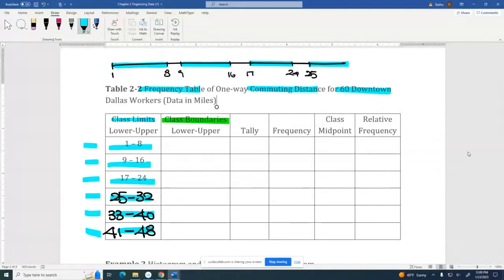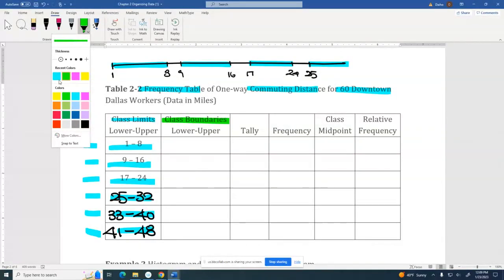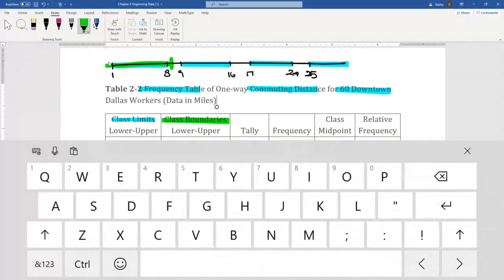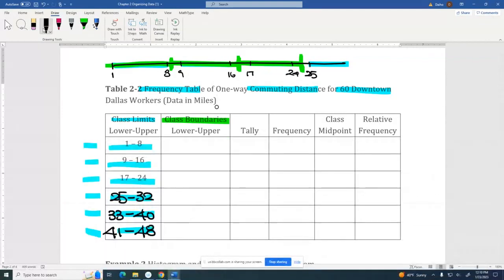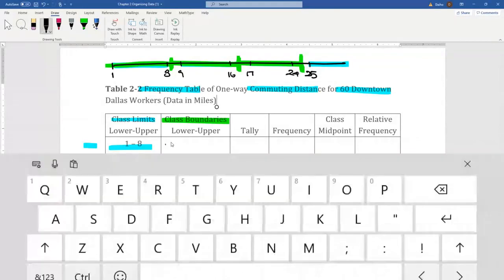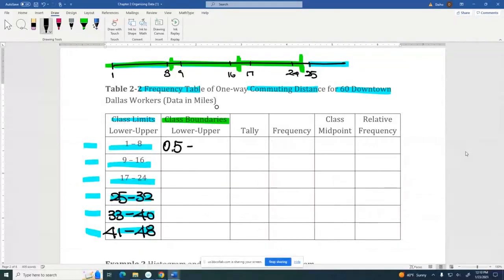Now the boundary. The boundaries must be a little bit wider, from here to here. You understand what I'm saying, right? So the very first class boundaries must be 0.5 to 8.5, and the second one from 8.5 to 16.5, 16.5 to 24.5.